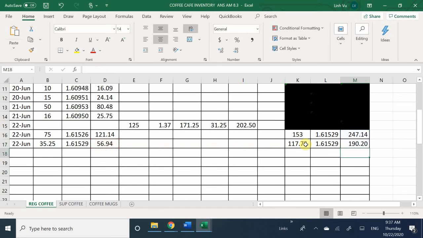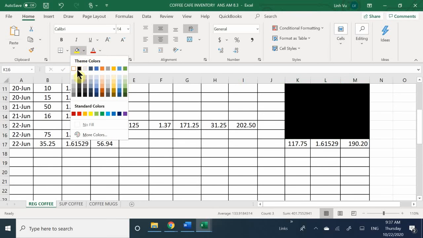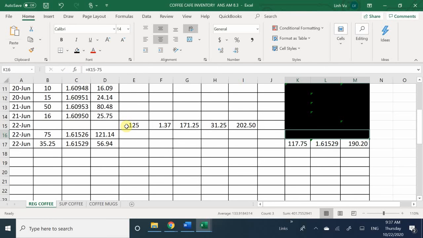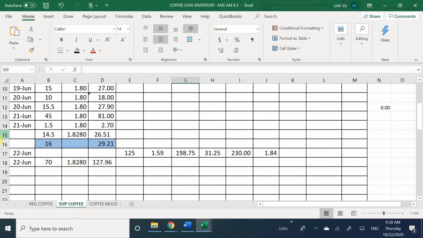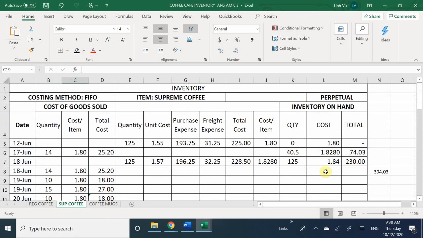And 190.20, bringing my new average cost to 1.6529, the same as the previous one. Okay. Go to the screen. Going up. Good. Yeah, we're using the price of 1.80.